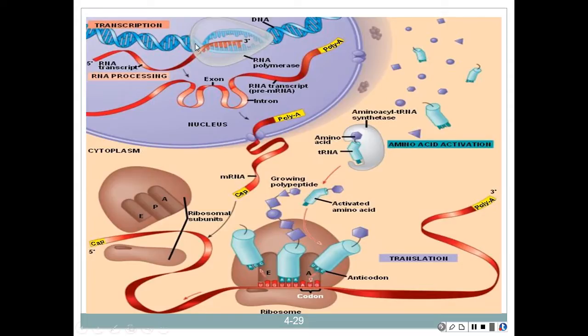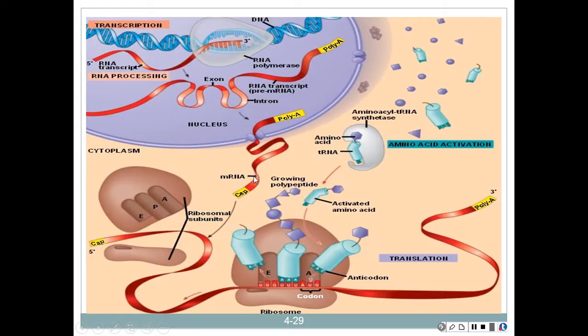Translation is going to occur because this particular pre-RNA transcript is ready to leave, and is in the process of leaving the nucleus, through this small pore, into the cytoplasm. It is our mRNA now.